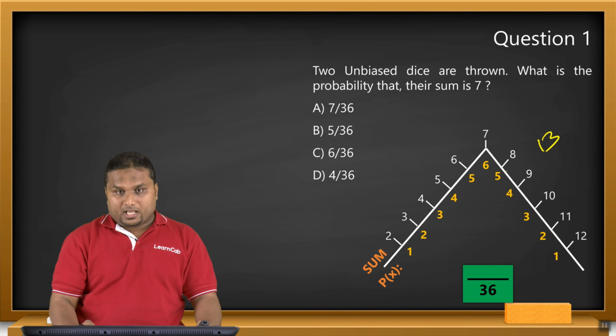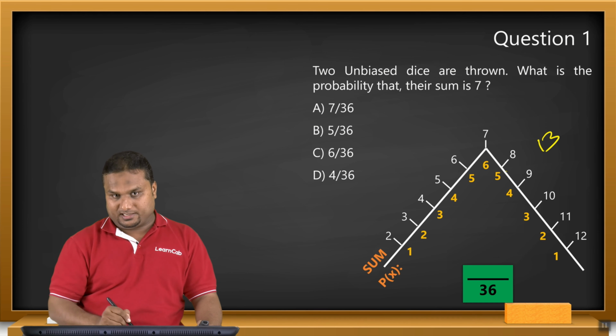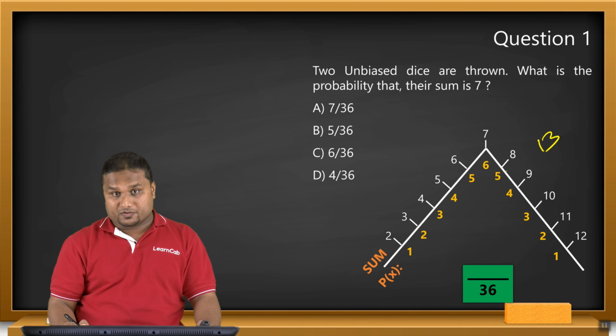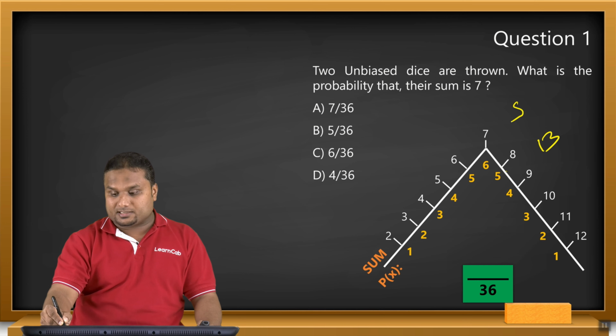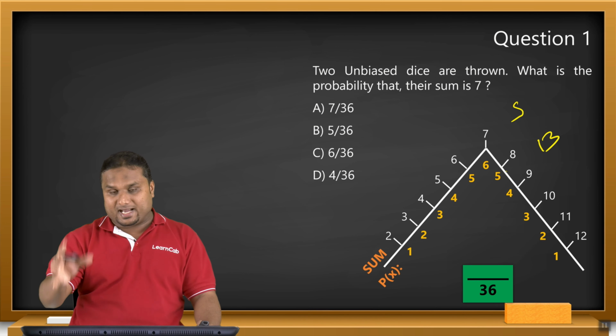Now the maximum probability of the sum is 6 by 36. In one of the exams, in 2015 June, they tested: let capital S denote the sum on the face of the two dice.